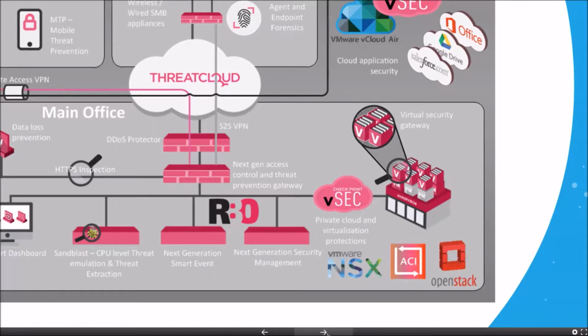This vSec technology can take all of the various security features and functionality of a physical Check Point gateway and push it into the virtual space, and it can automatically and dynamically protect your virtual environment as new machines get created, as machines move from one zone to another. Security can basically at that point become a service that gets automatically provisioned and applied as your virtual environment changes, grows, shrinks, or responds dynamically to the needs of your enterprise.